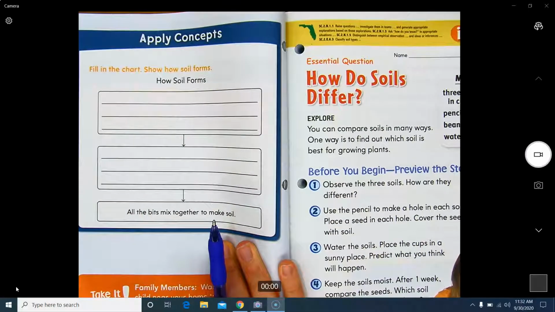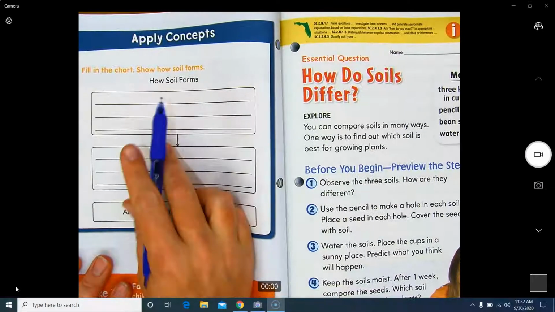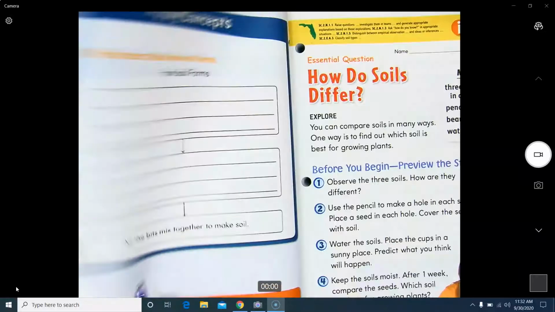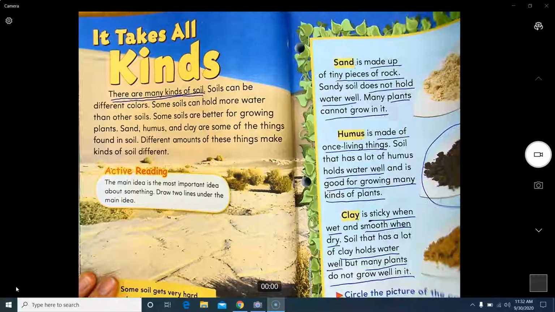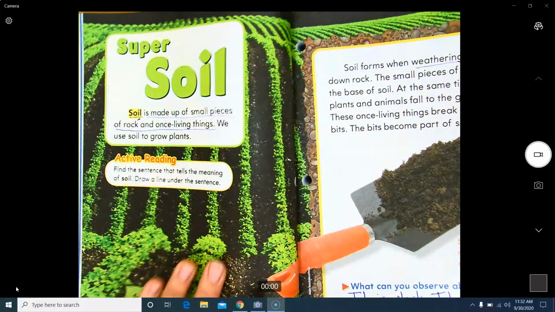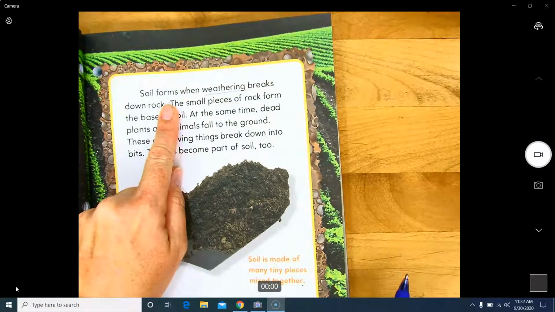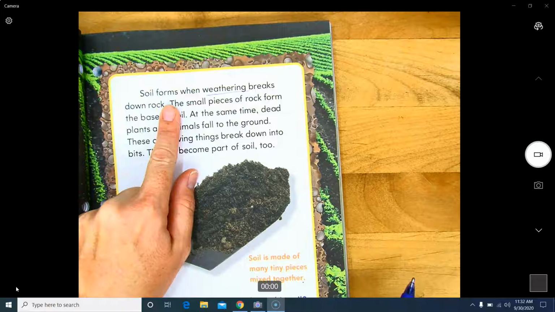On the back, fill in the chart, how soil forms. This is where you're going to find how soil forms on this page.